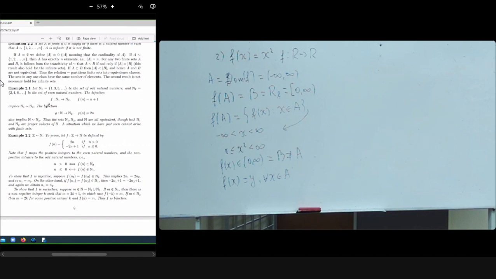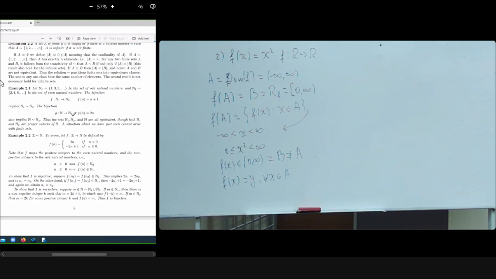How much is the cardinality of the even numbers? N to N2 is also equivalent, and N to N1 is also equivalent.